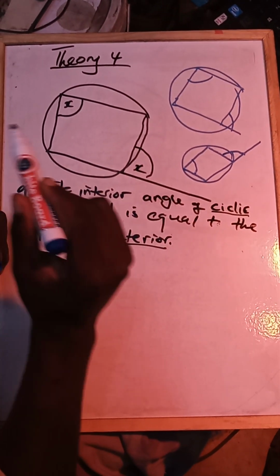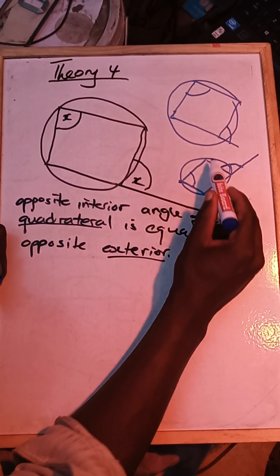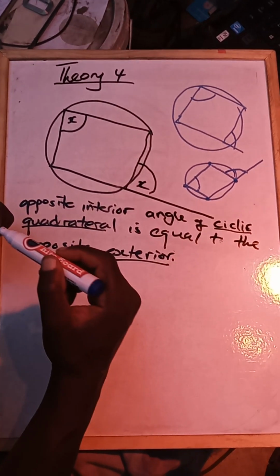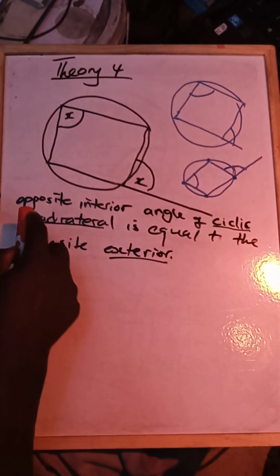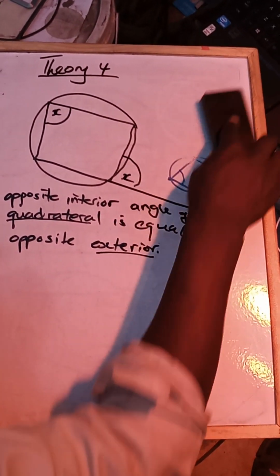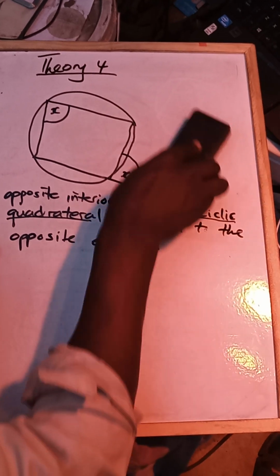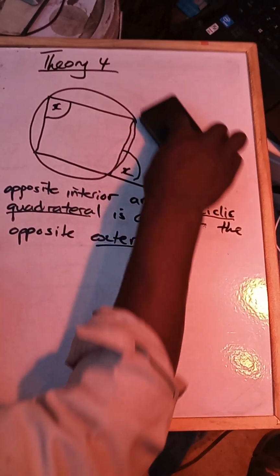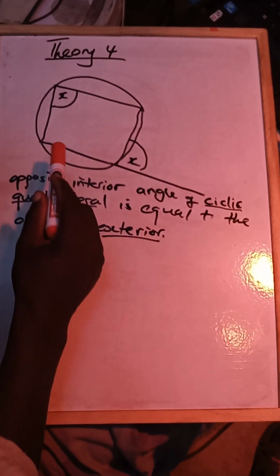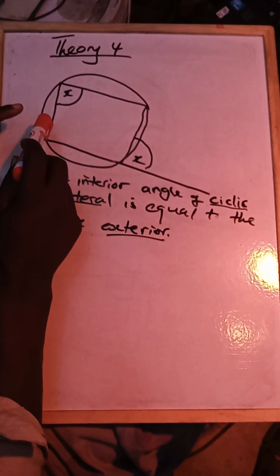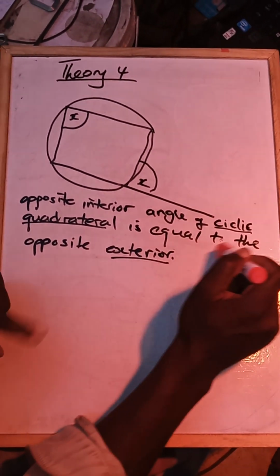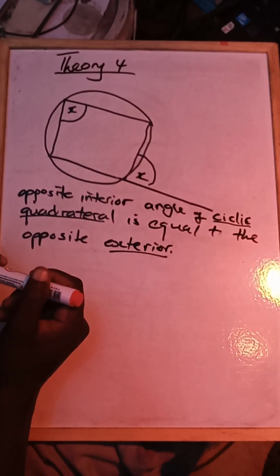And remember, we once said a cyclic quadrilateral has all 4 corners touching the circumference. I am now removing this because it's part of the journey. Now we said the opposite interior angle of a cyclic quadrilateral is equal to the opposite exterior angle.